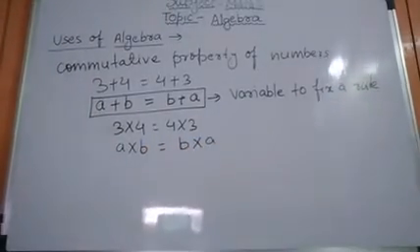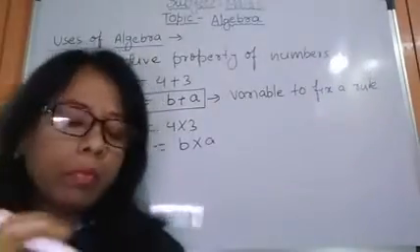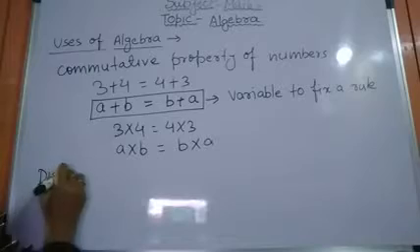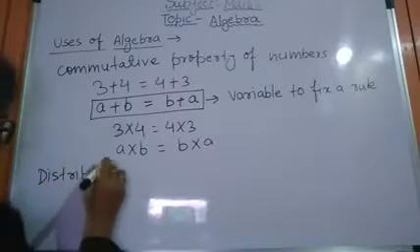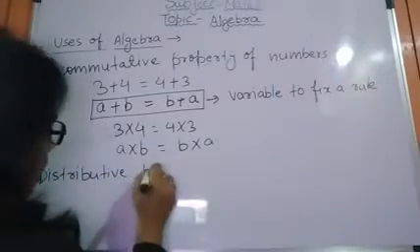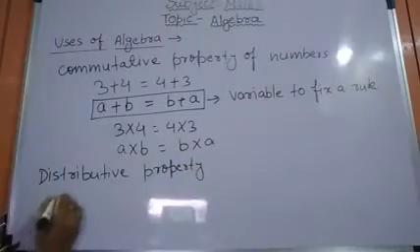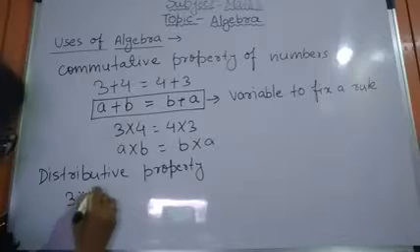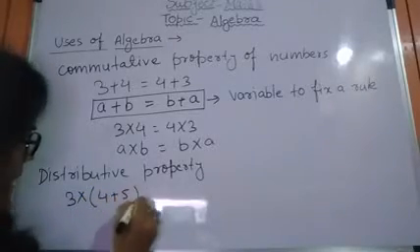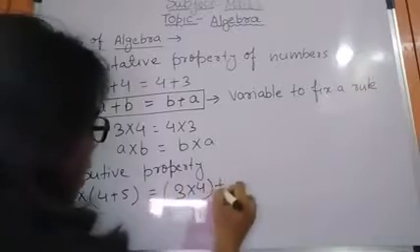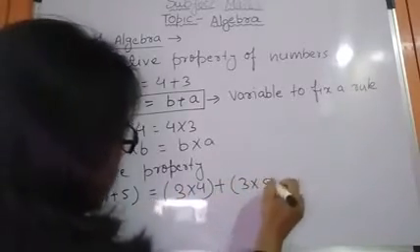No changes there. Now come to the distributive property. What is the distributive property? The distributive property tells us that 3 multiplied by (4 plus 5) is equal to 3 multiplied by 4 plus 3 multiplied by 5.